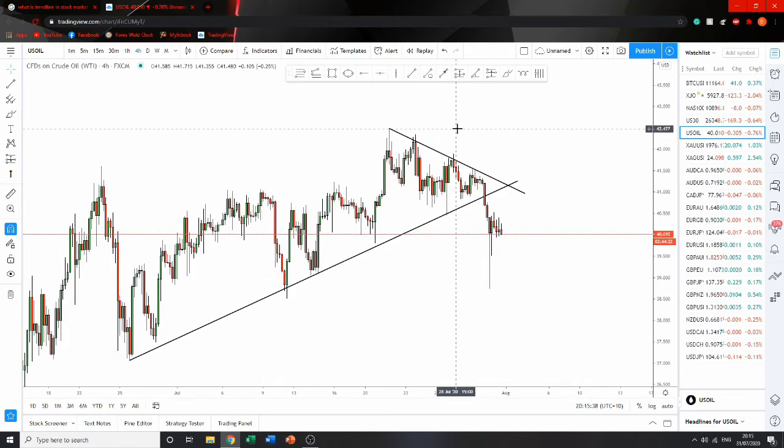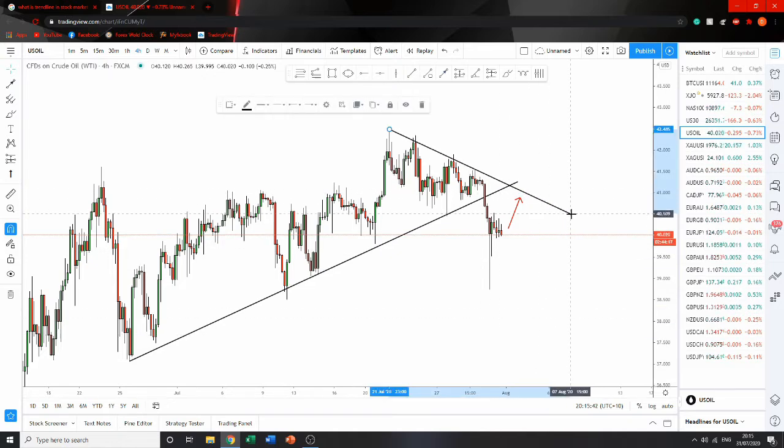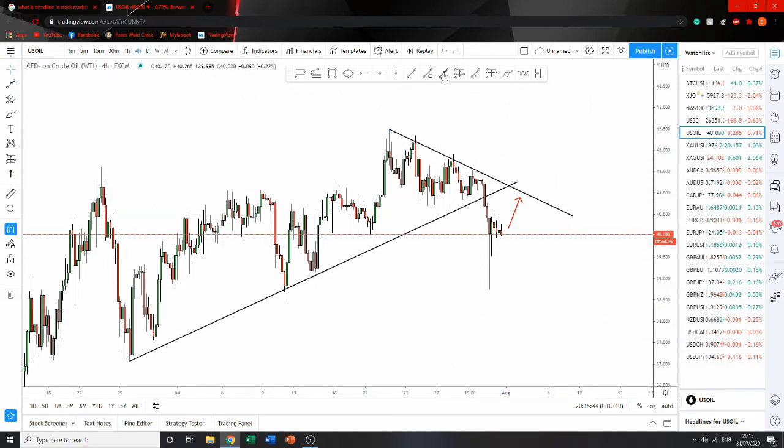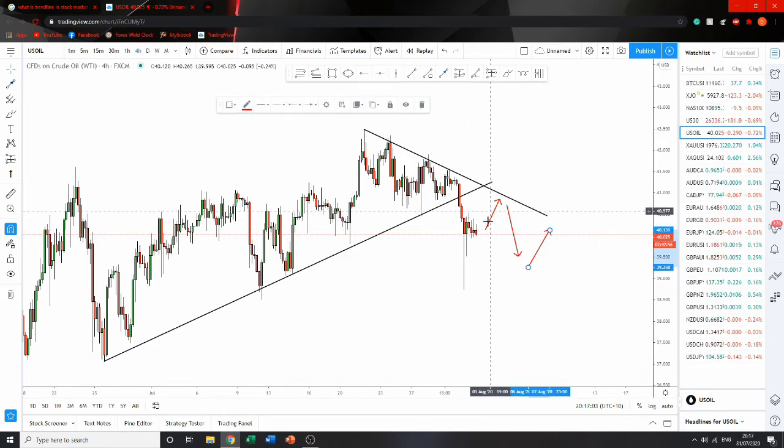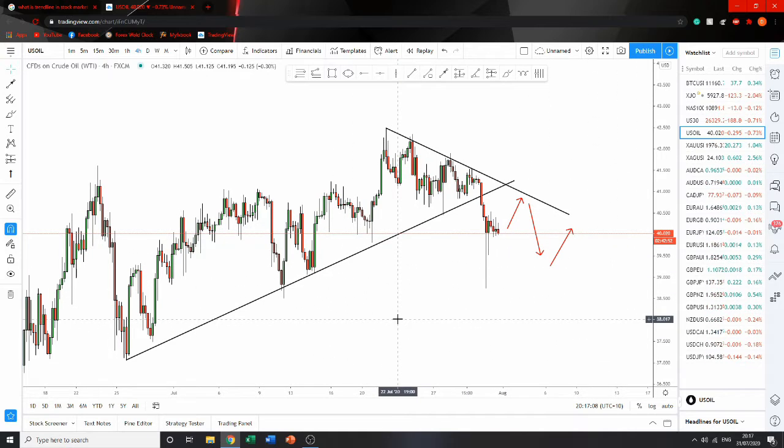So now what we could be looking for here is a potential move to retest our trend line for further continuation to the downside. So we're in this consolidation zone, and what we could be looking for is this pullback to tap the trend line, forming that lower high, and then again to continue forming the lower high, and so forth.